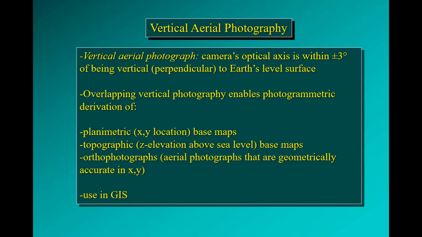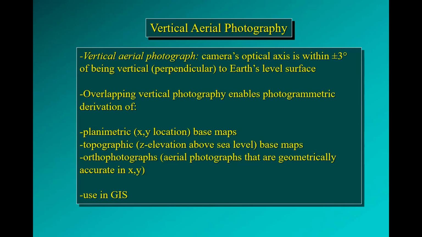And if we have overlapping vertical aerial photographs such that those photographs overlap to a sufficient degree and such that we are acquiring imagery of the same portion of the Earth's surface from slightly different viewing positions or vantage points, we may then analyze those overlapping vertical aerial photographs photogrammetrically in order to derive accurate planimetric XY location base maps, topographic base maps, so we could extract out Z elevations above sea level, for example in the form of topographic contour lines or digital elevation models.